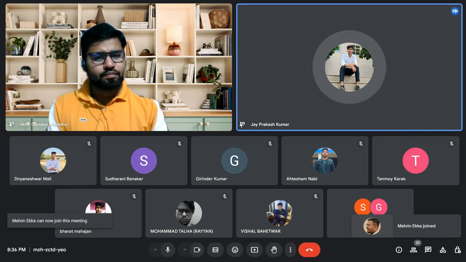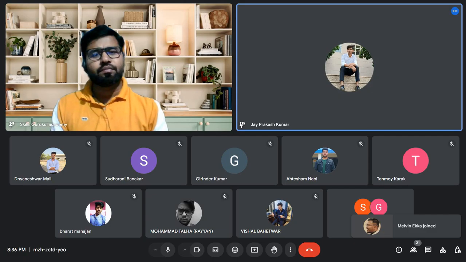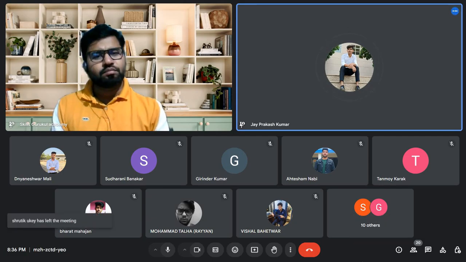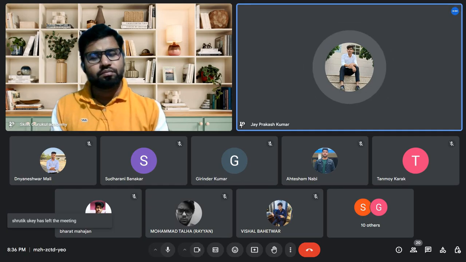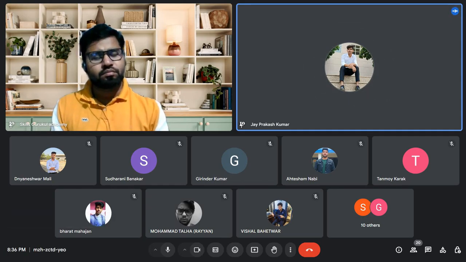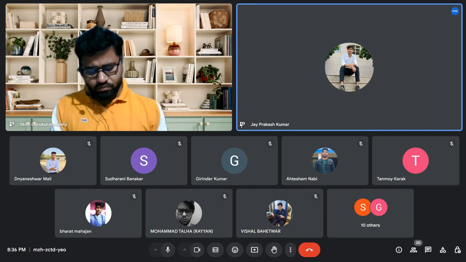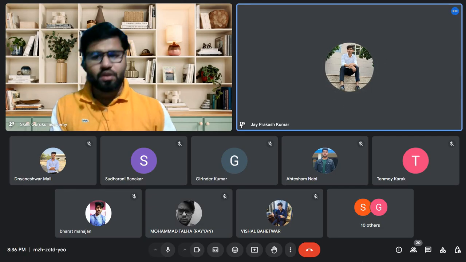LOD 100 is conceptual design. LOD 200 is schematic design. LOD 300 is detail design, and LOD 350 is construction documentation. LOD 400 is fabrication and assembly. LOD 500 is as-built. Okay.